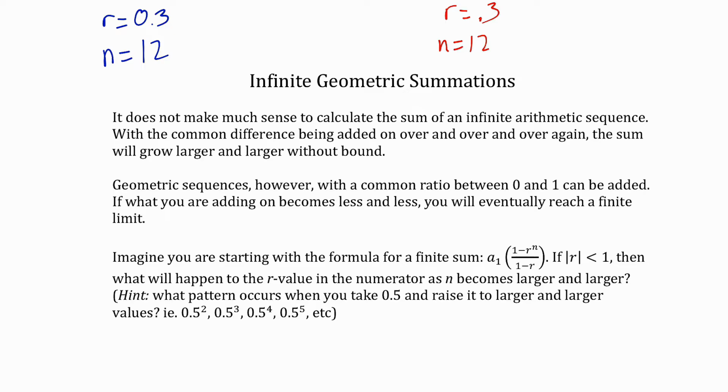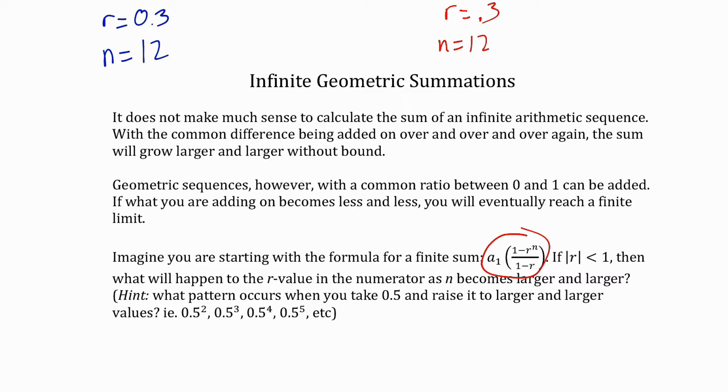So imagine we're dealing with that formula for the finite sum, a sub 1 times 1 minus r to the n over 1 minus r. Now, if the absolute value of r, so it could be positive or negative, is less than 1, then what's going to happen to the r value in the numerator as n becomes larger and larger? Hint, let's talk about this pattern.